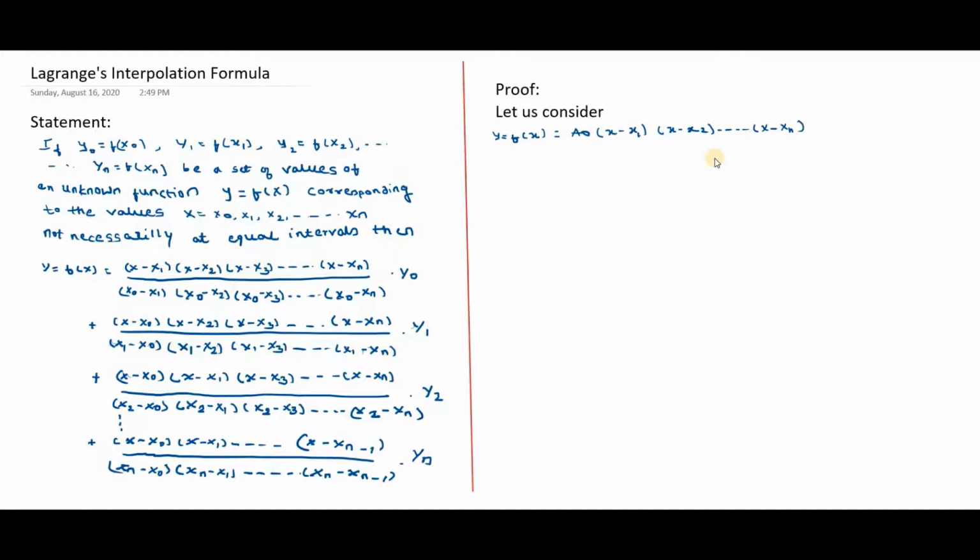plus a1 into x minus x0 into x minus x2. The x1 term is absent here.